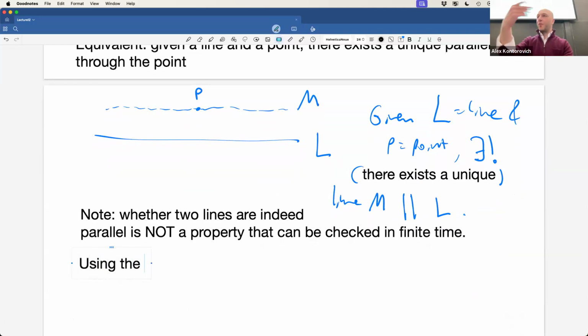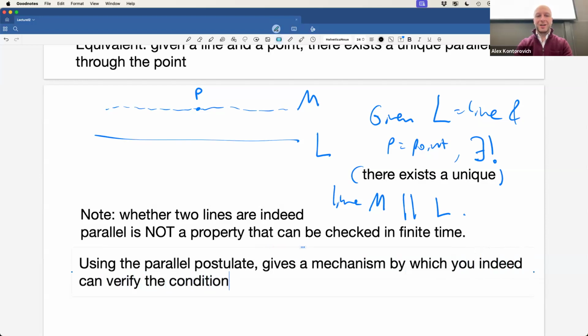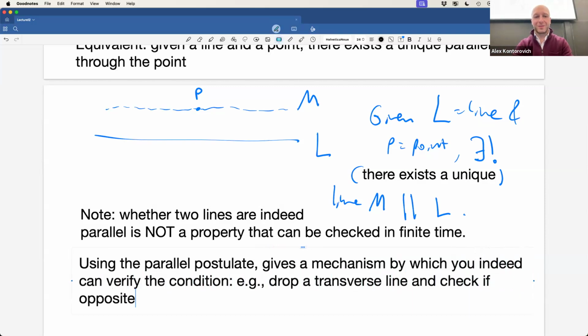Using some version of the parallel postulate gives you a mechanism by which you can verify whether the condition of parallelism holds: drop a perpendicular, for example, or drop any transverse line and check that the opposite angles agree.